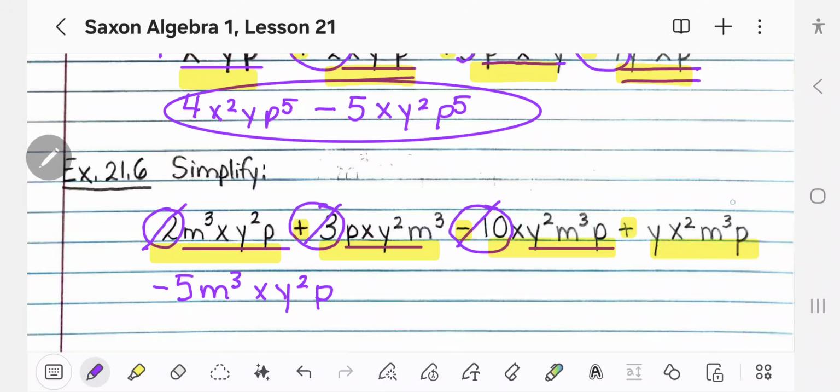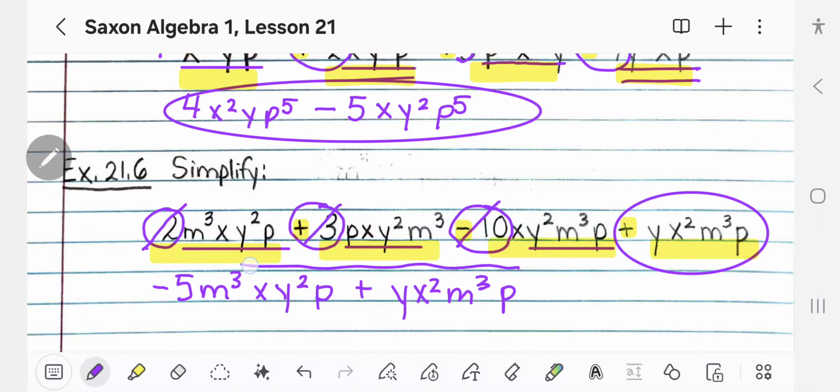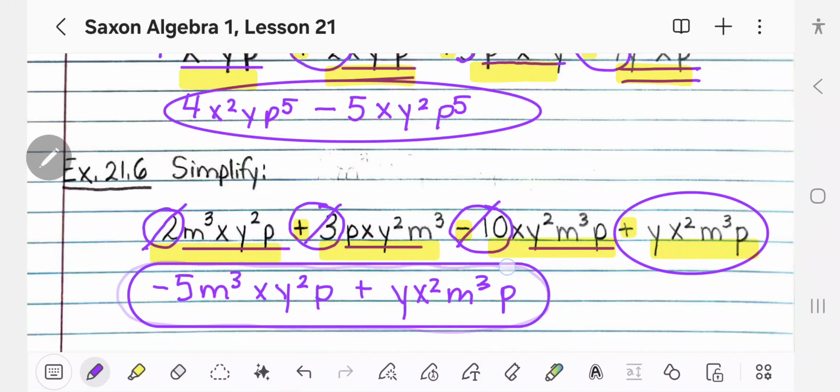Okay, and then I just copy down this one over here that doesn't have a term that matches it. Y x squared m cubed p. And this is our final answer for 21-6. Remember that if some of the variables are in a different order, that's okay when it's all multiplication.